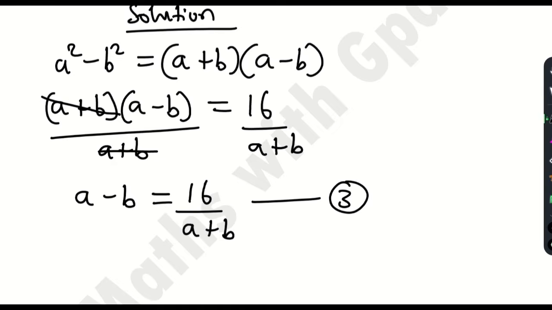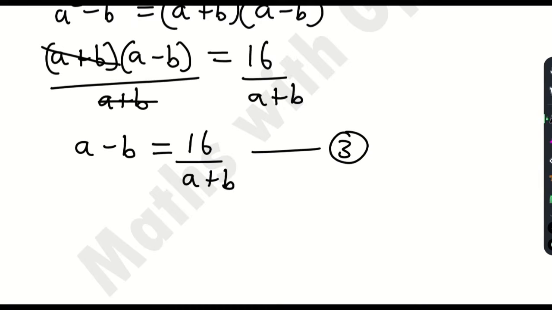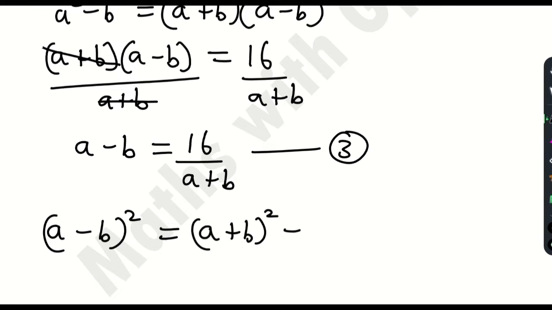It's time to pull up one algebraic identity. Let me just write it here. A minus b all squared is equal to a plus b all squared minus 4ab. Now you may be wondering, this is looking strange, I don't think I've seen this before.